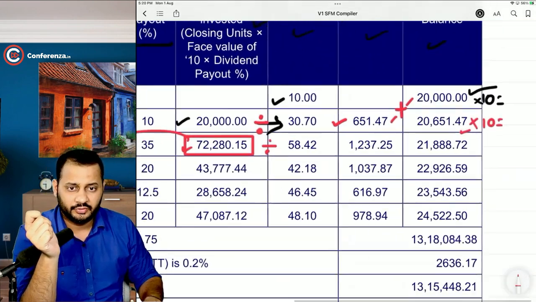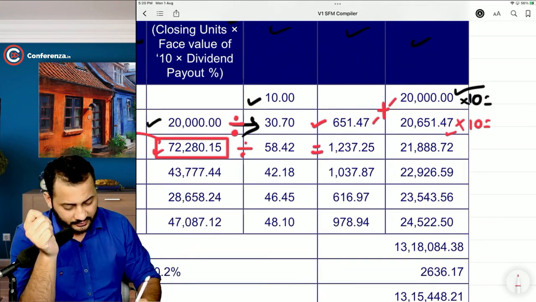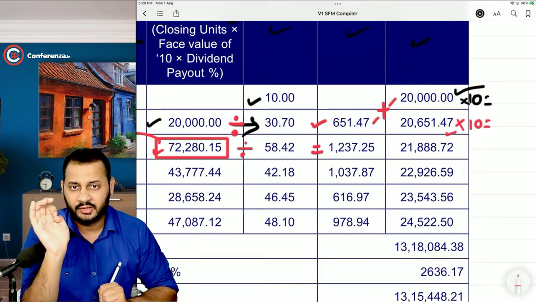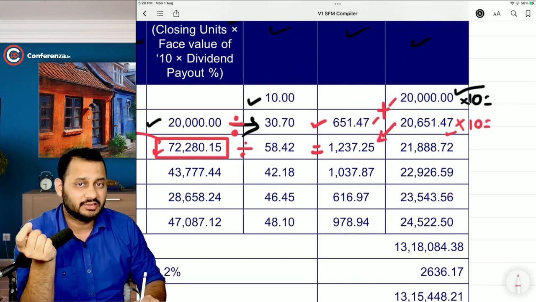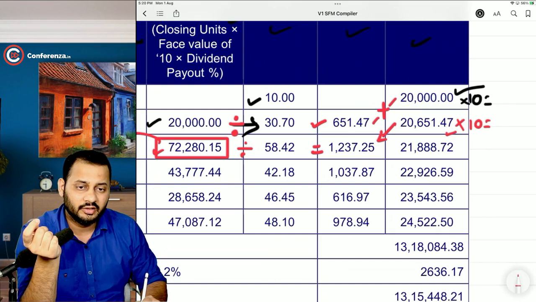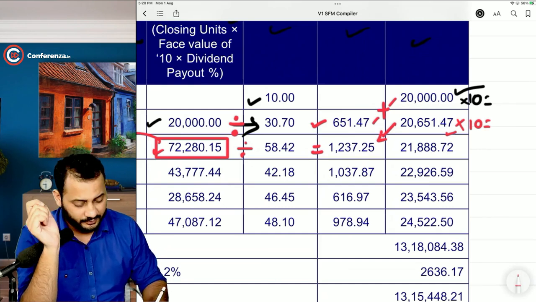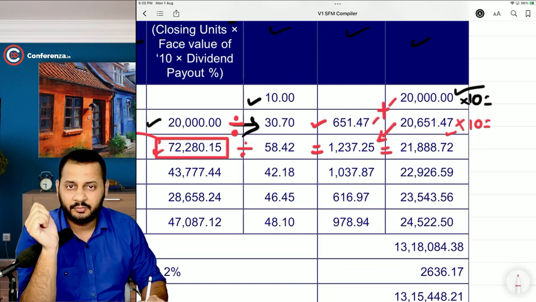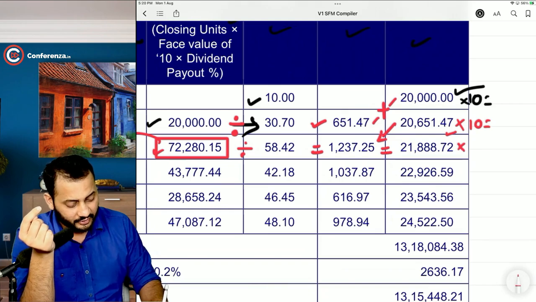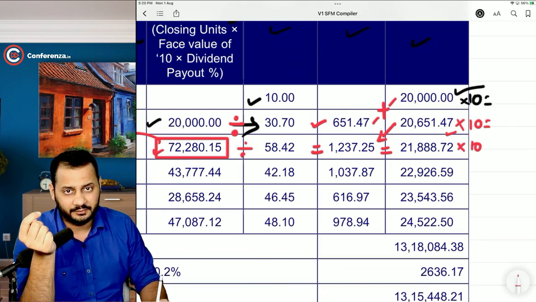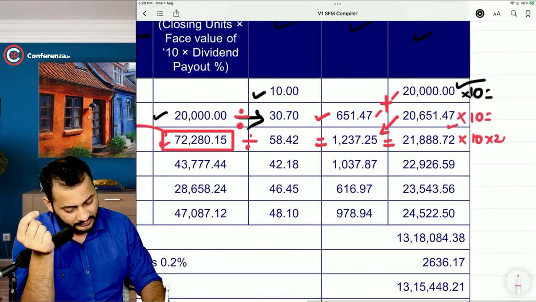And again, this amount of dividend, 72,280 rupees, will be reinvested back on that date's NAV, which is 58.42. So you will divide 72,280 by 58.42 and you will get this much number of units, which will be added to the previous closing units, which will become 21,888.72. On the next dividend date, you will get a dividend on this many units multiplied by 10 and multiplied by 20%.